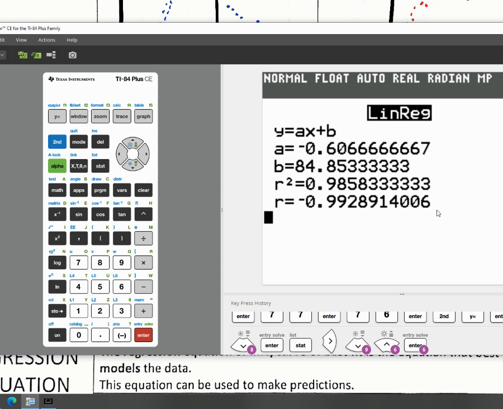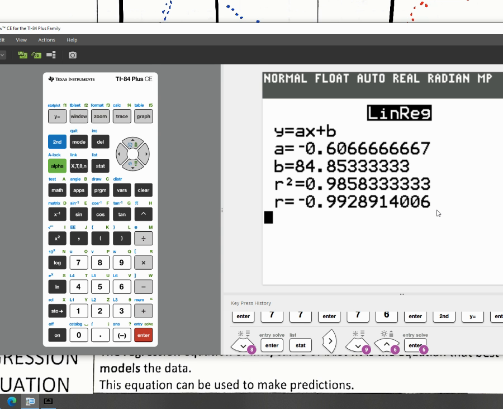Okay, before I zoom back to this, let me show you something. If you did not turn your stat diagnostics on, you wouldn't have these bottom 2 values. The only thing that would be there is all the way through A and B. So why did I want you to turn this on? Because of R. R is what we call our correlation coefficient.